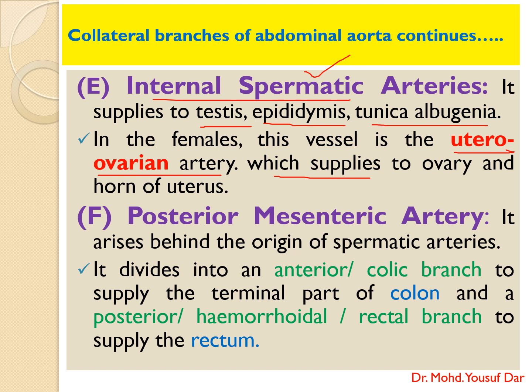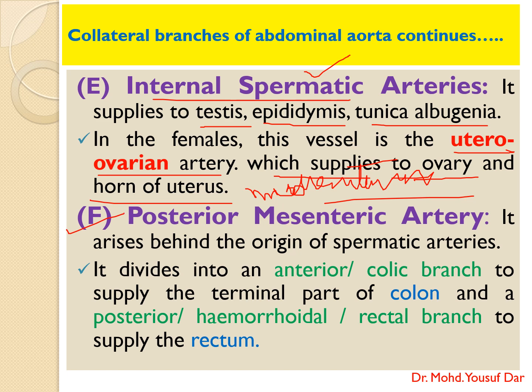This utero-ovarian artery divides into the anterior uterine artery, which supplies the horn of the uterus, and the ovarian artery, which supplies the ovary. The anterior uterine artery anastomoses with the middle uterine artery, which is a branch of the internal iliac artery.